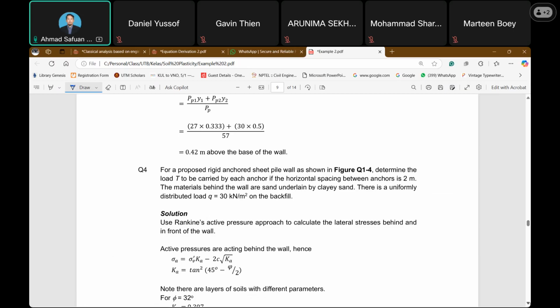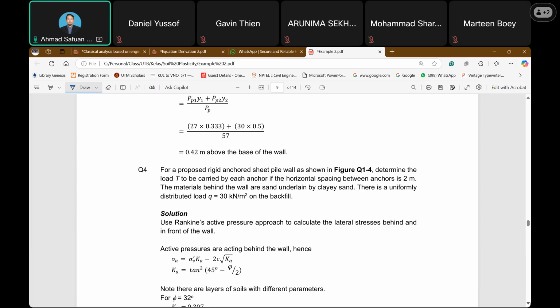So I need to sketch first to show the situation. Let's say this is your sheet pile. Then let's say this is the anchoring system.